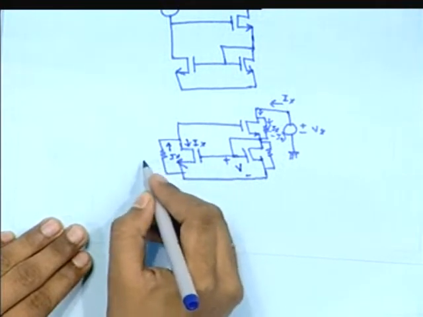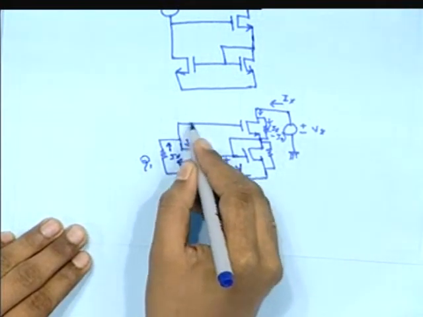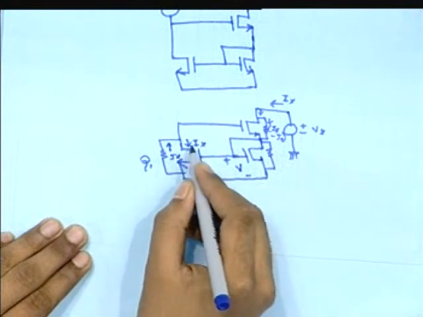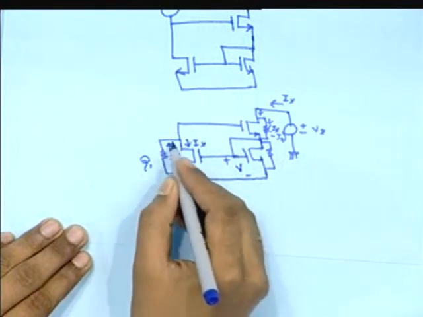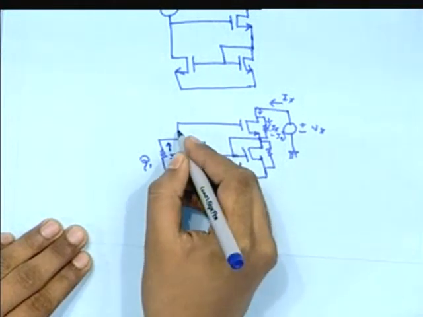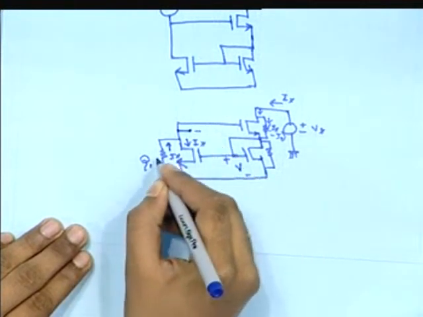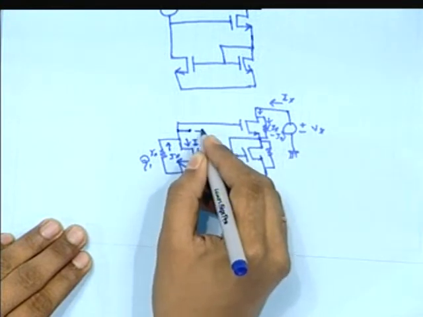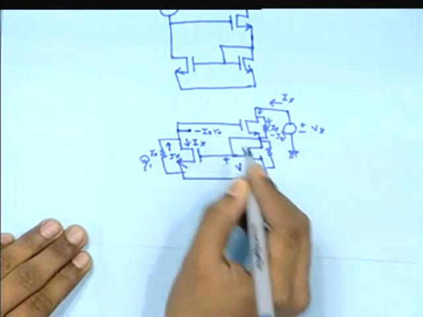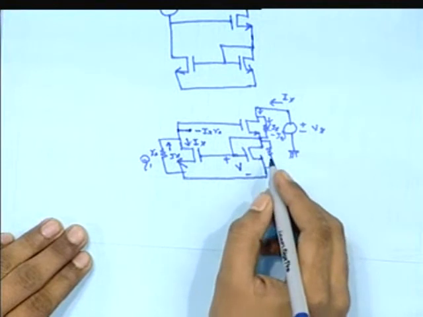Now see this particular Q1 transistor, there will be no current through this terminal, hence there will be a closed loop here. From that we can say that the voltage at the particular node is nothing but Vx minus Ix R naught. Now this is the diode connected transistor.